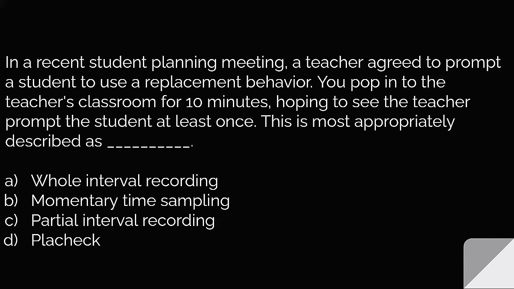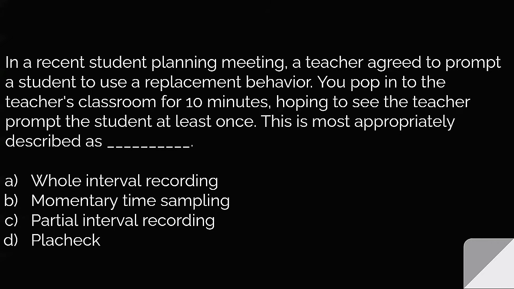So C is partial interval. If I were doing that, I would pop in, and sometime in that 10 minutes, I would hope to see them do that at least once. And that's pretty much exactly what it says. So C sounds like the best, but let's check out D. Is D better? Well, place check, okay. Whether you say place check or plot check doesn't matter, but how you see it is it's momentary time sampling for groups.